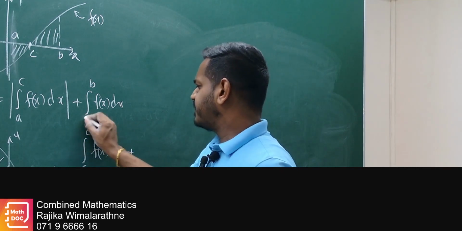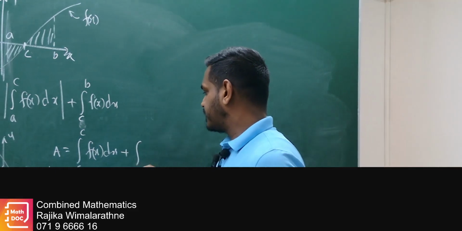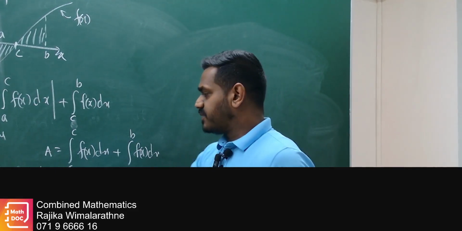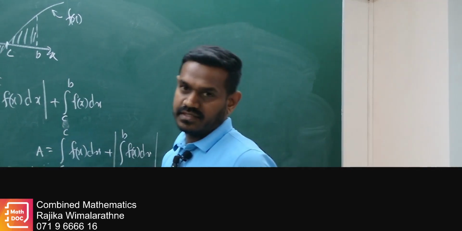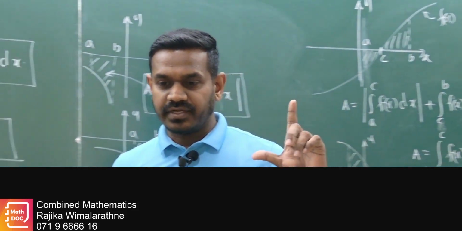Then c to b f(x) dx, so that part is negative. Put modulus for that. That is the area. Okay. Those are area relations again.